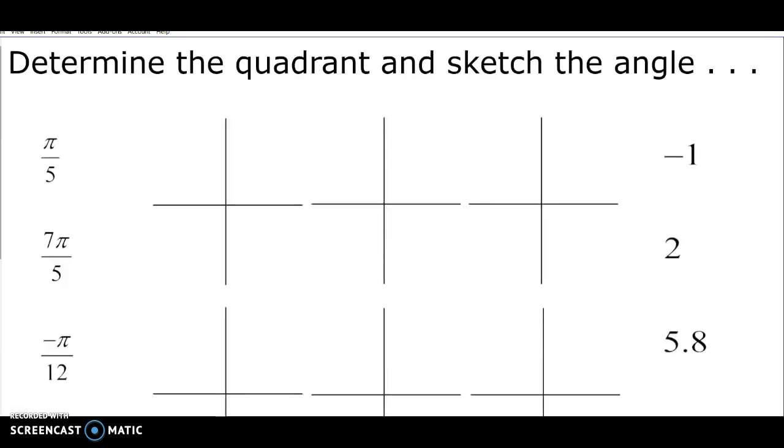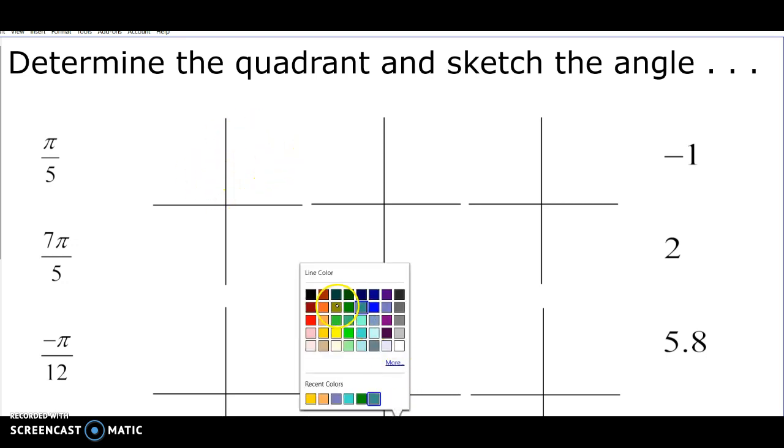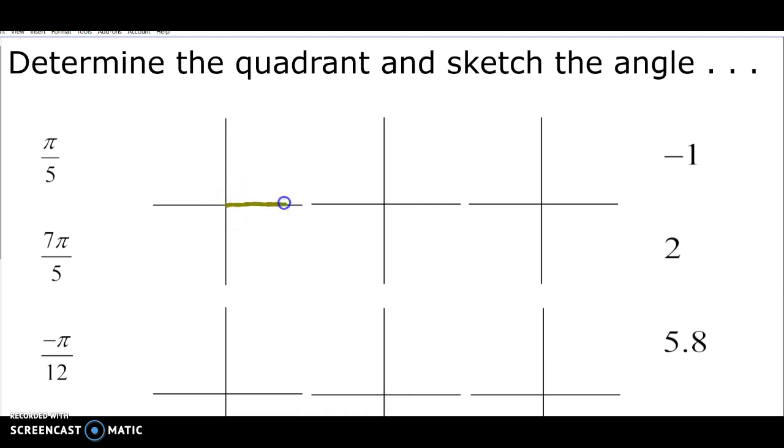Now these guys, you're going to have a bunch of radians. Here are those examples where I said that radians don't have to have a pi. But I'll do the first one with you guys and then have you try a bunch. So this first one is pi over 5. So let me draw my initial side.